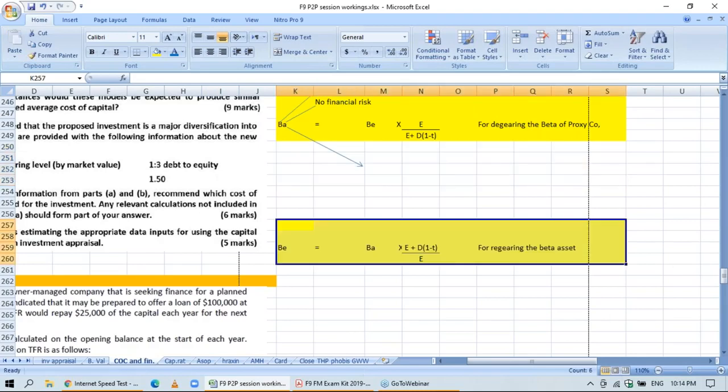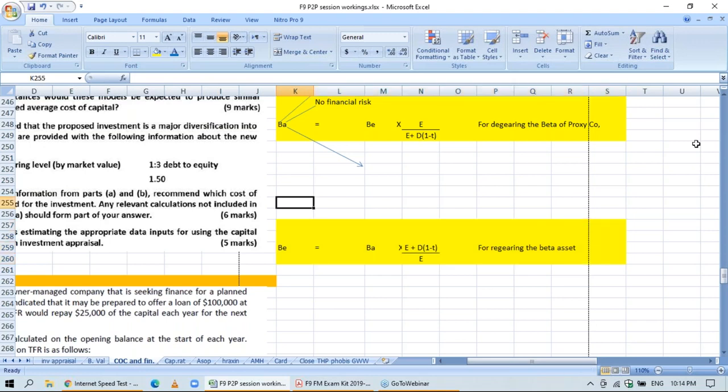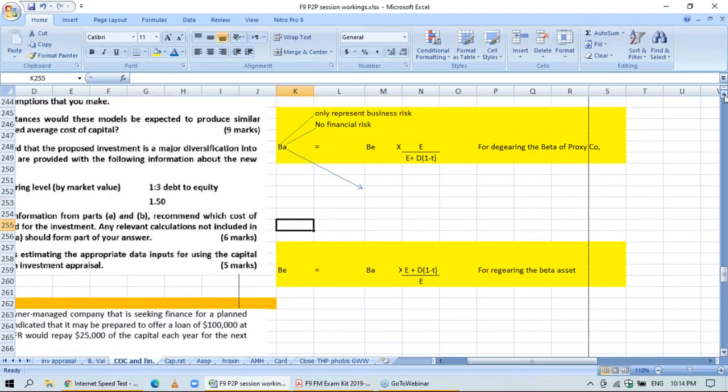Okay, first let's de-gear the beta, remove the effect of financial risk.